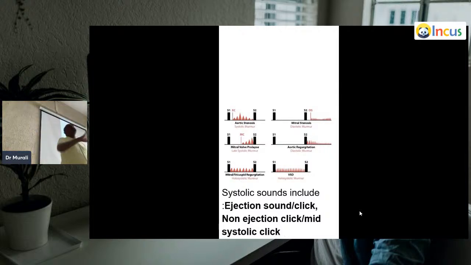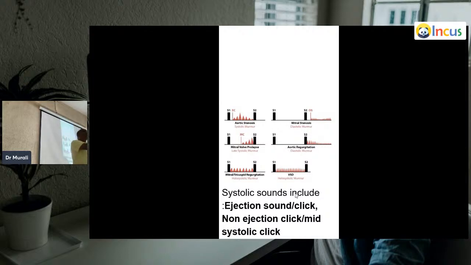Then, what are the systolic sounds? Systolic, when the ventricle is in systole. So you have something called clicks, ejection clicks, mid-systolic click. So they are all systolic sounds. I'll talk about these clicks. Where do you listen click? Very simple.